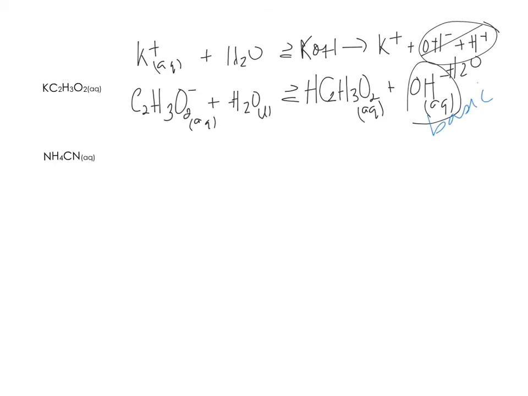Okay, now what happens if you have a salt that comes from both a weak acid and weak base neutralization? In this case, we have ammonium and the cyanide ion, plus water.